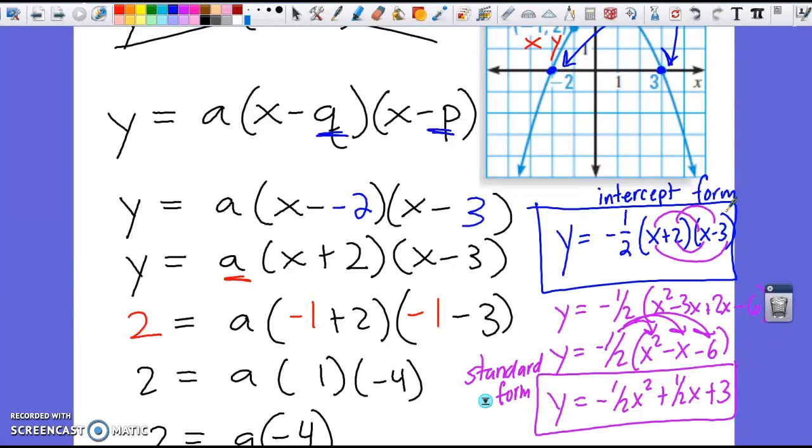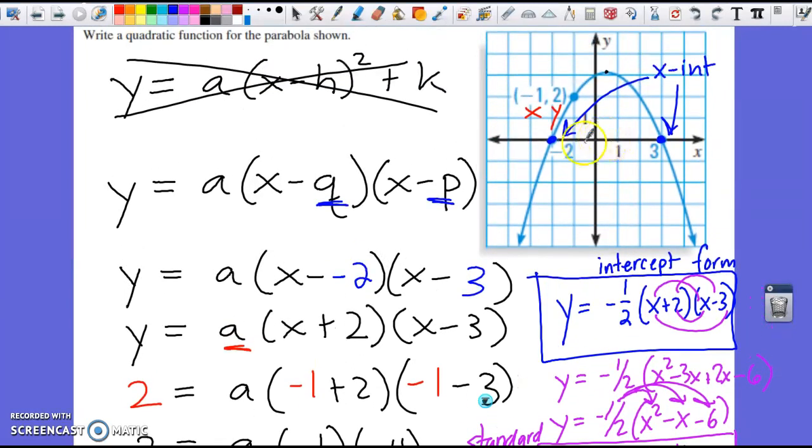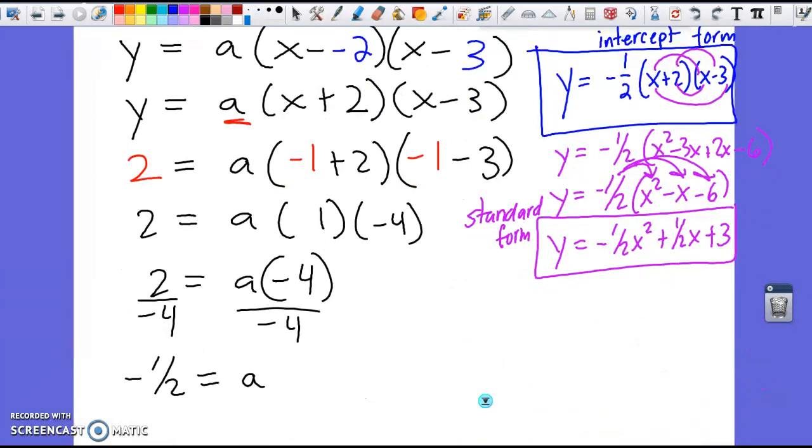I need to find the vertex of this equation. To find the vertex of this equation, I can just find the middle and plug it into the equation for x. So the middle between -2 and +3 would be 0.5. If I plug in 1/2 into the equation for x, into either one of these, I can get the vertex. So if I do that, y equals, I'm going to plug it in the factored form, or intercept form. 1/2 plus 2, 1/2 minus 3.